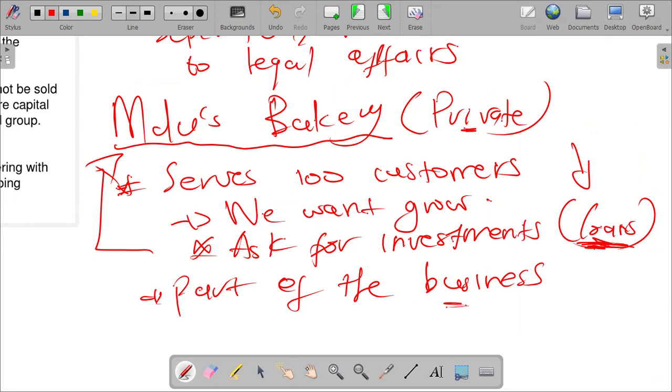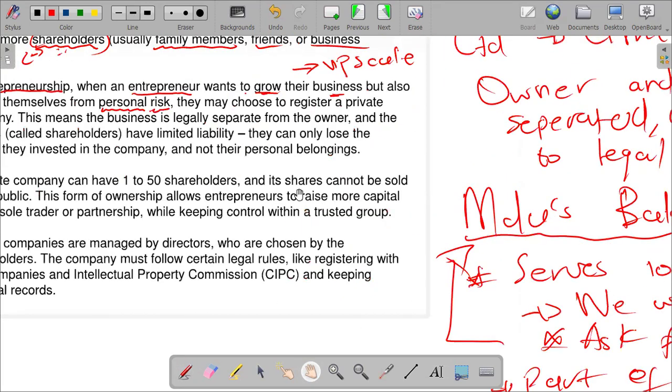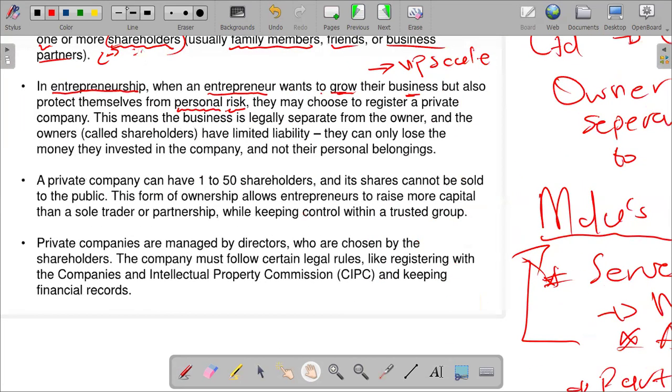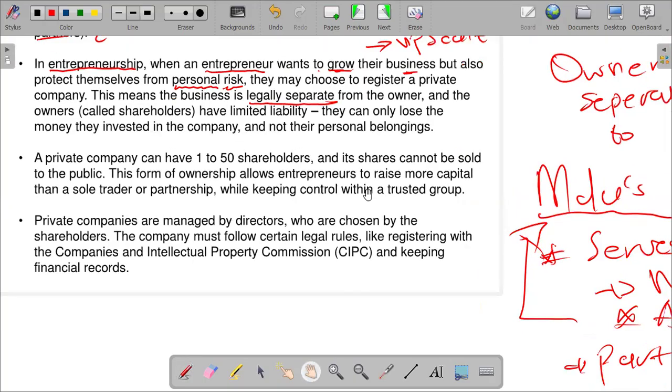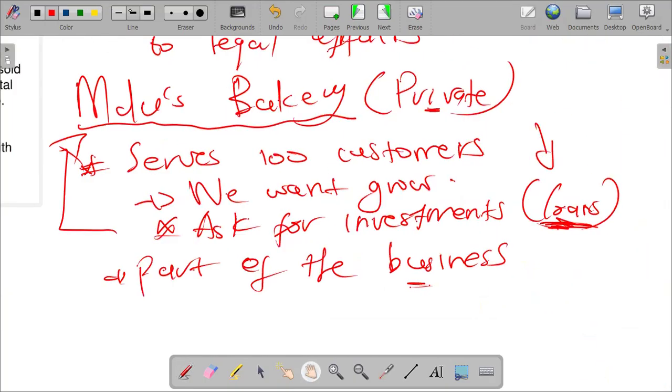But because a private company is a legally separated entity, it means the loan will be part of the business but won't be part of the owner.